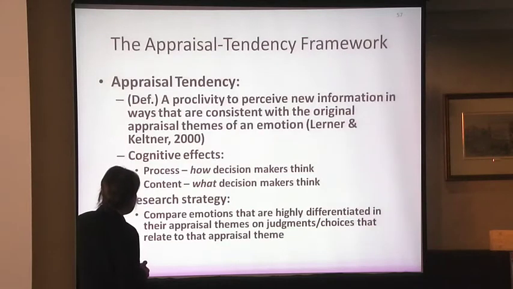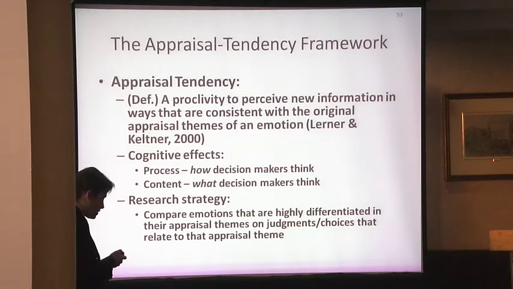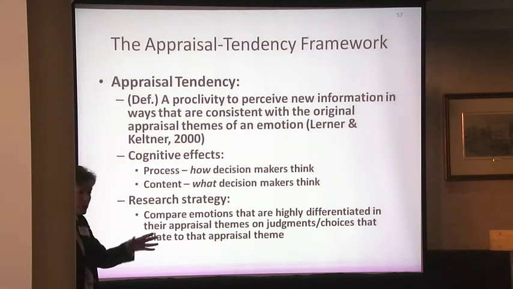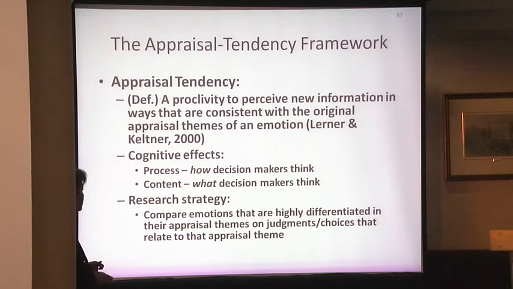Okay. So in this approach, we think that there's this important phenomenon called an appraisal tendency, and I've mentioned this indirectly so far. It's basically a proclivity to perceive new information in ways that are consistent with the underlying appraisal themes of an emotion. And this appraisal tendency can affect how you think, whether you think in a deep, systematic way versus a shallow, quick way.